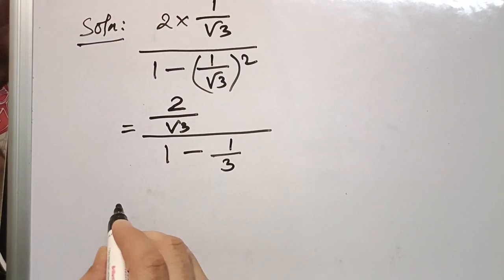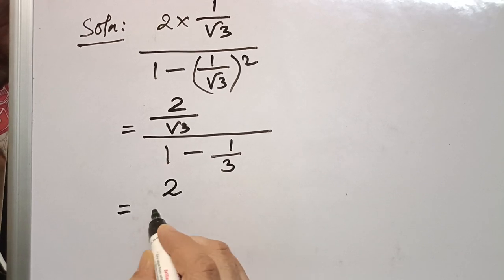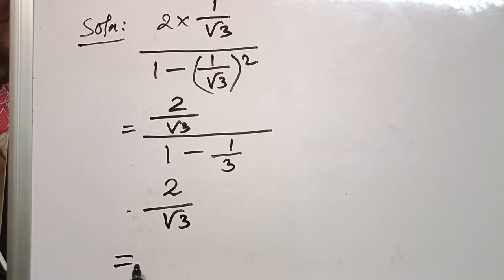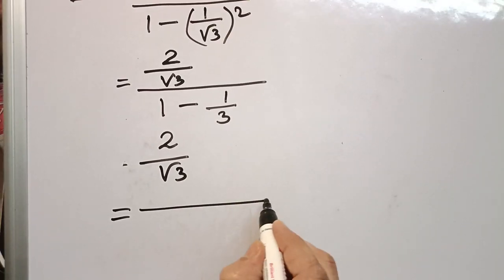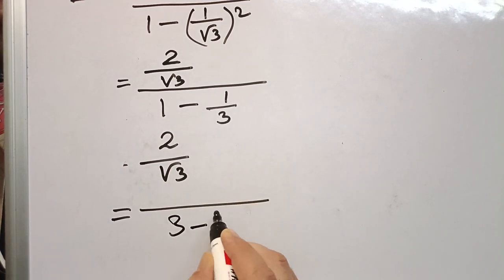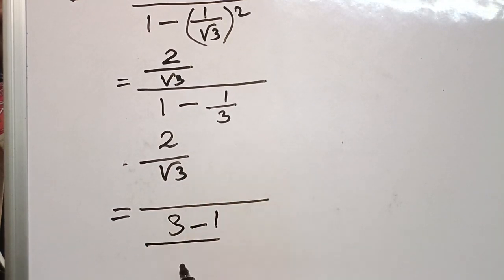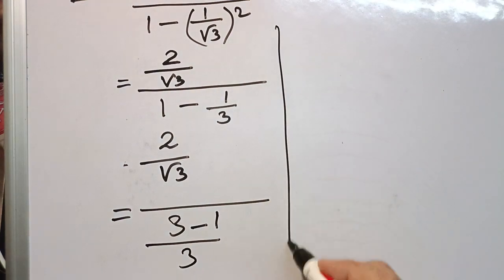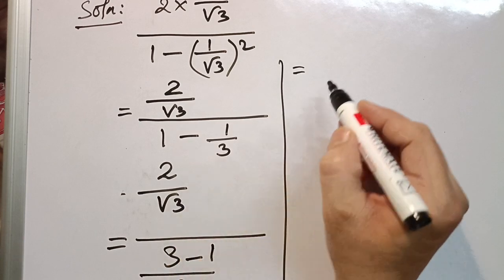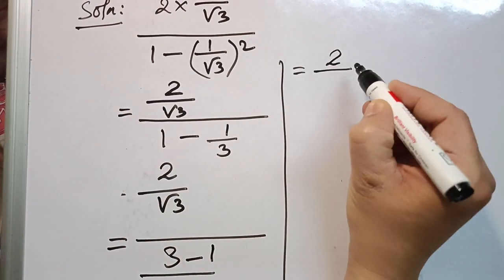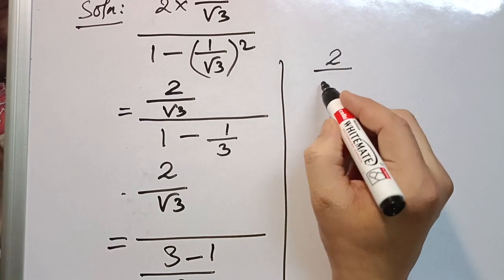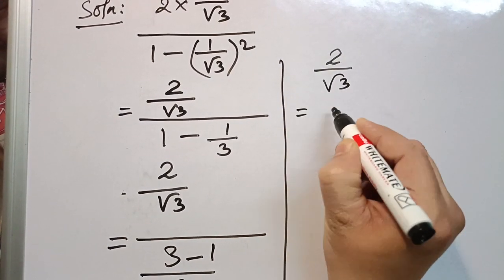Next step will be 2 by root 3 divided by 3 minus 1 over 3. In the numerator this 2 will be 2 and this root 3 will be root 3.